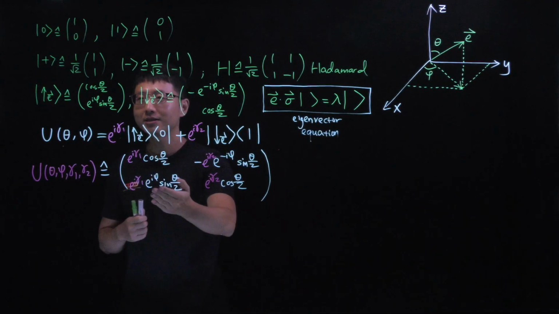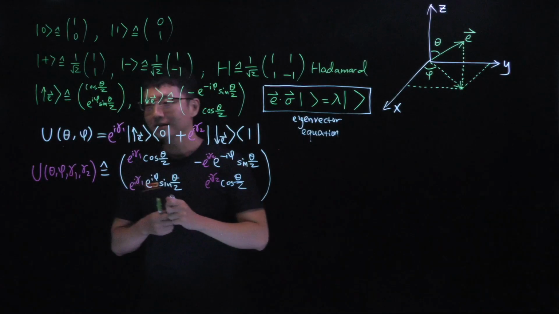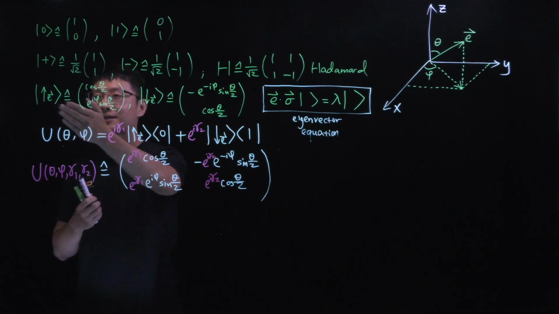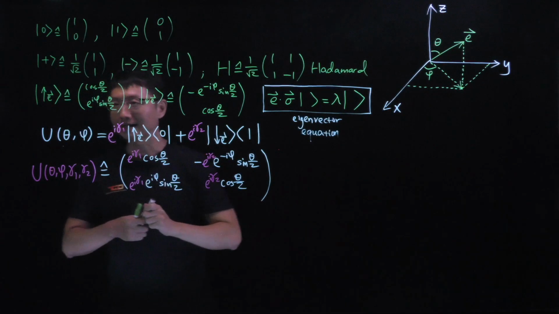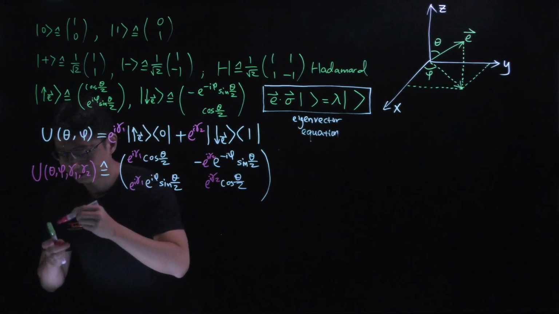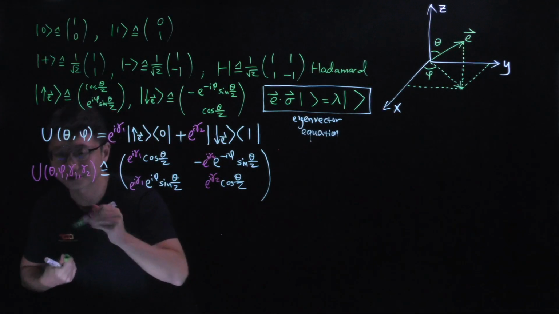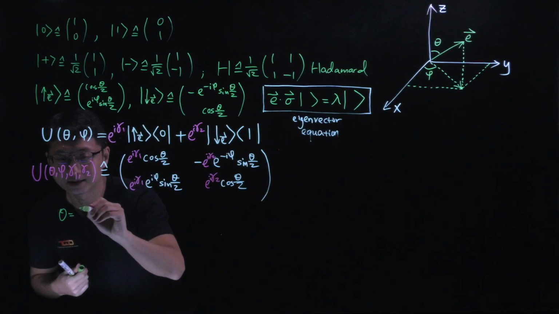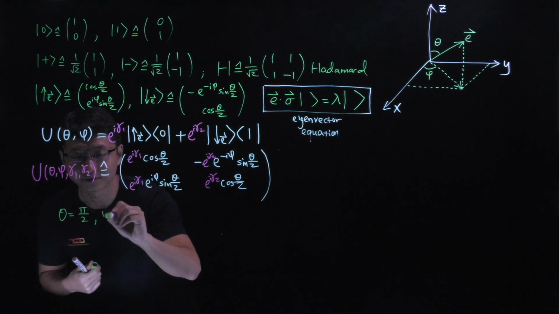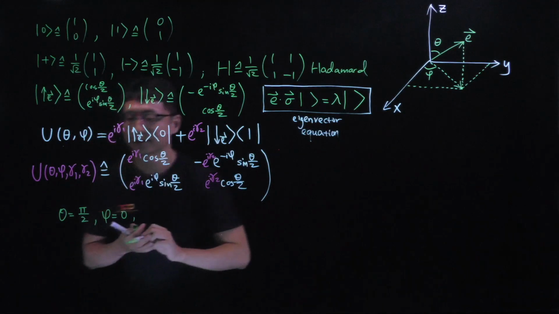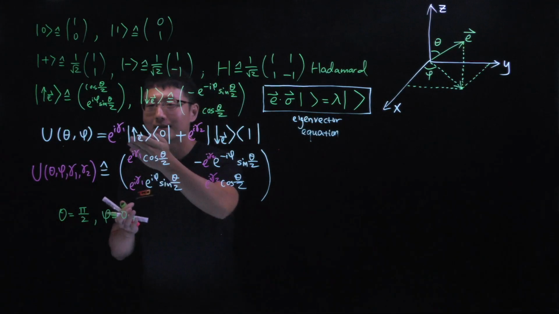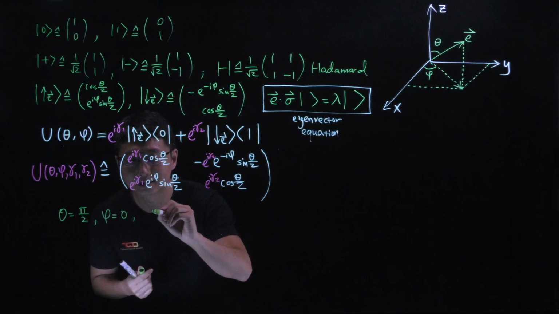That is equivalent to checking just the eigenvectors. So let's check the spin-up direction in E with the plus eigenket. First of all, this corresponds to theta equals 90 degrees, so that's pi over 2, and phi equals 0.